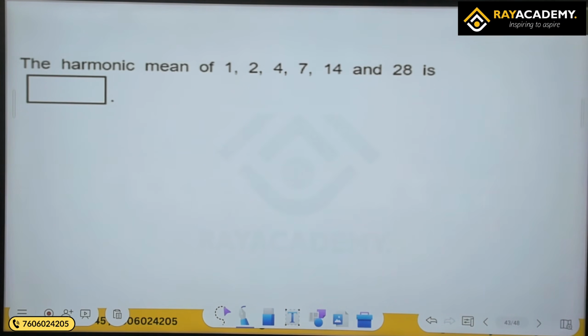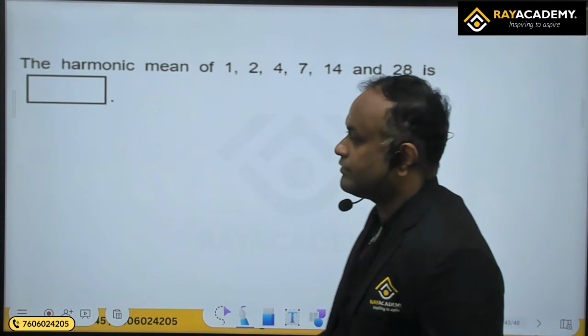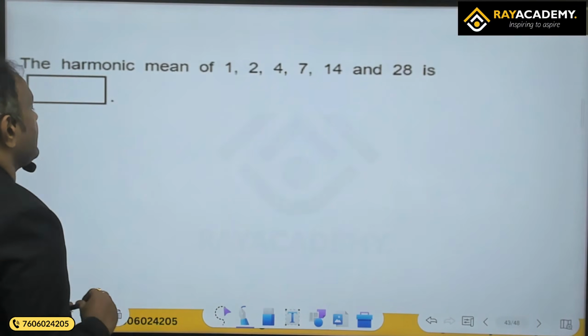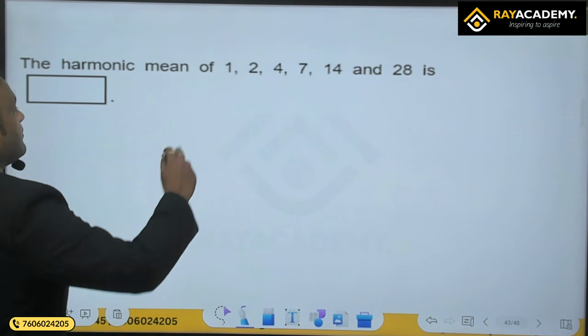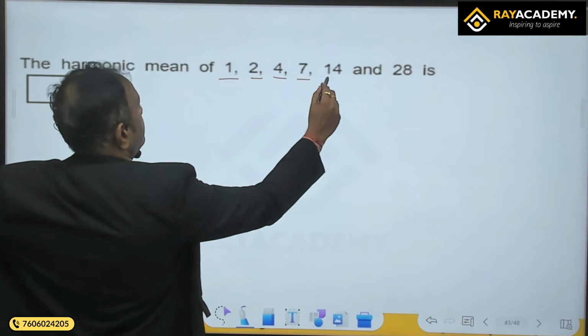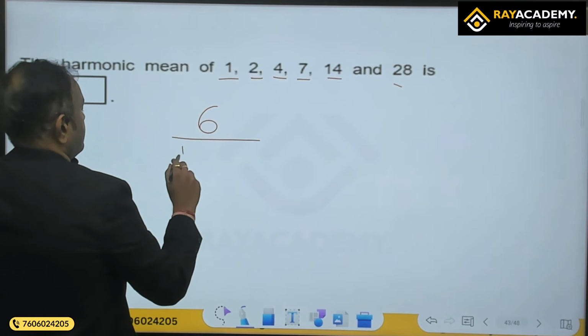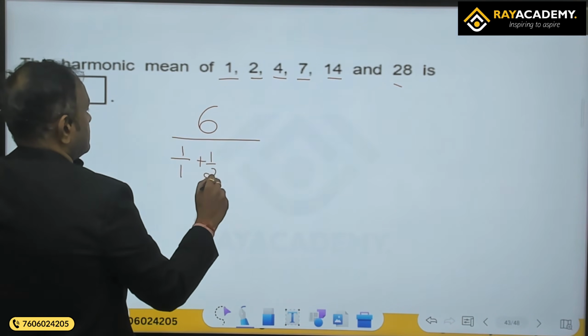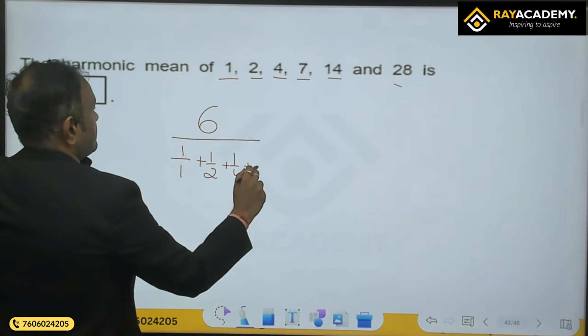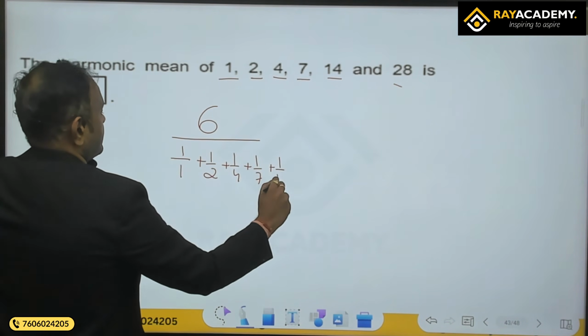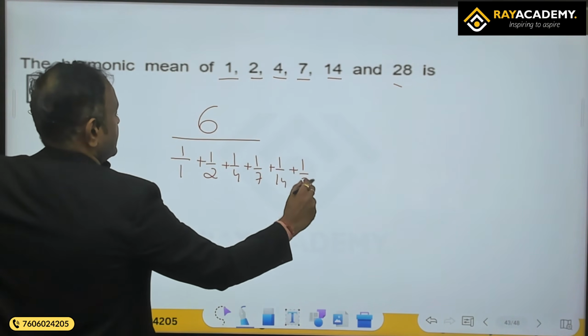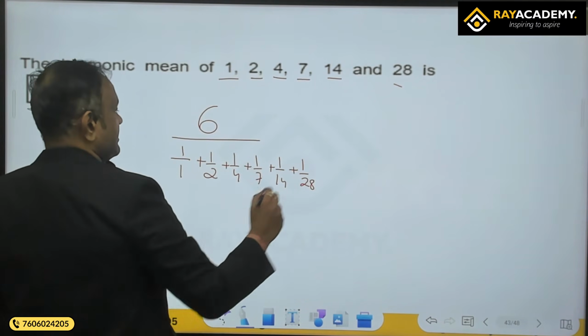Harmonic mean of 1, 2, 4, 7, 14 and 28. There are 6 numbers here. So the harmonic mean formula is 6 divided by 1 by 1 plus 1 by 2 plus 1 by 4 plus 1 by 7 plus 1 by 14 plus 1 by 28. I think 28 is the LCM.